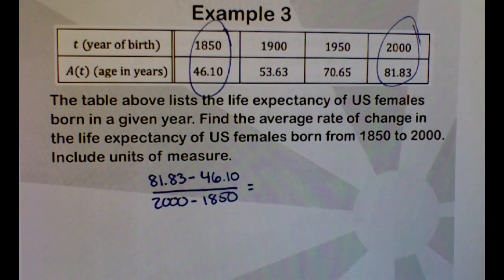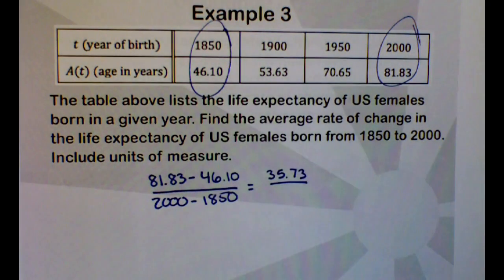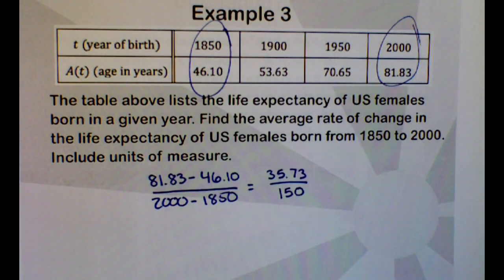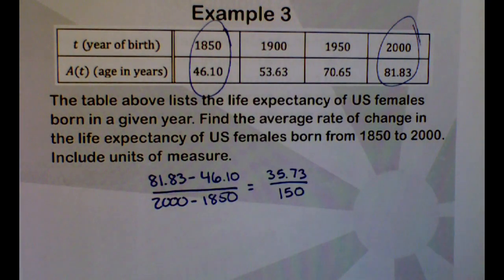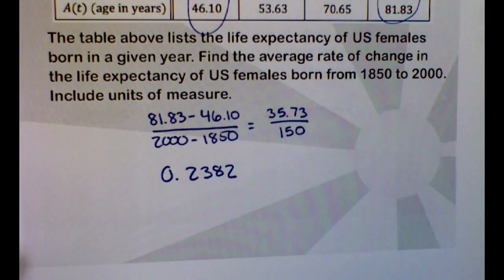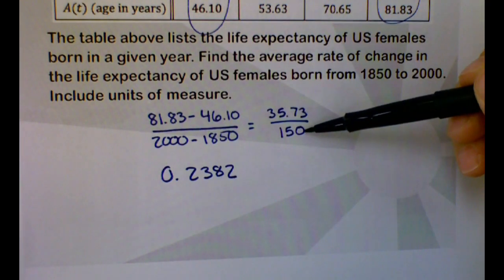All right, I'm going to use a calculator for this one. 81.83 minus 46.10 is 35.73 over 2000 minus 1850 is 150. And then we divide 35.73 by 150. We get 0.2382. Units of measure. Well, this is years of life expectancy over year of birth.